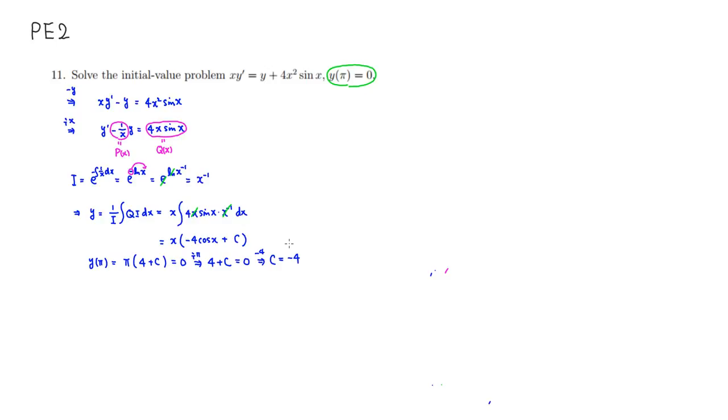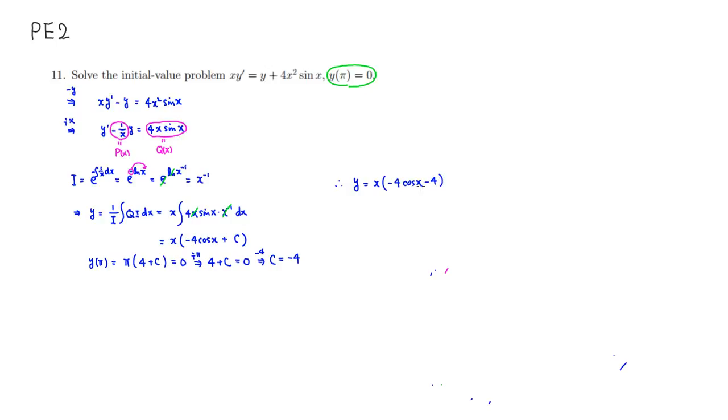Therefore, the solution is y is equal to x times -4 cosine of x, and then you have a -4.